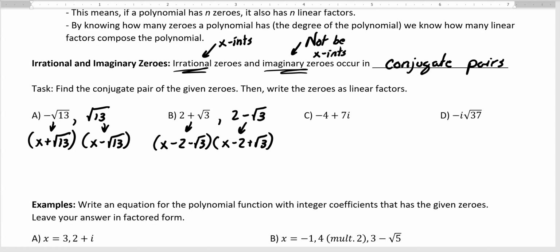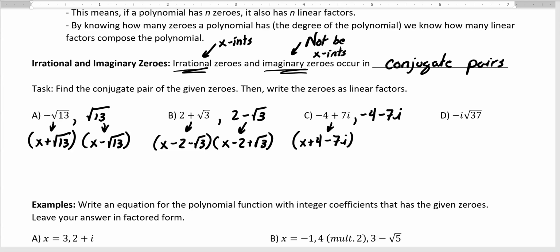Now what if it's an imaginary number? Well, for the complex conjugate of an imaginary, the sign changes before it. So if it's negative 4 plus 7i, the conjugate pair would be negative 4 minus 7i. So our factors here would be x plus 4 minus 7i, right? We switch all the signs.